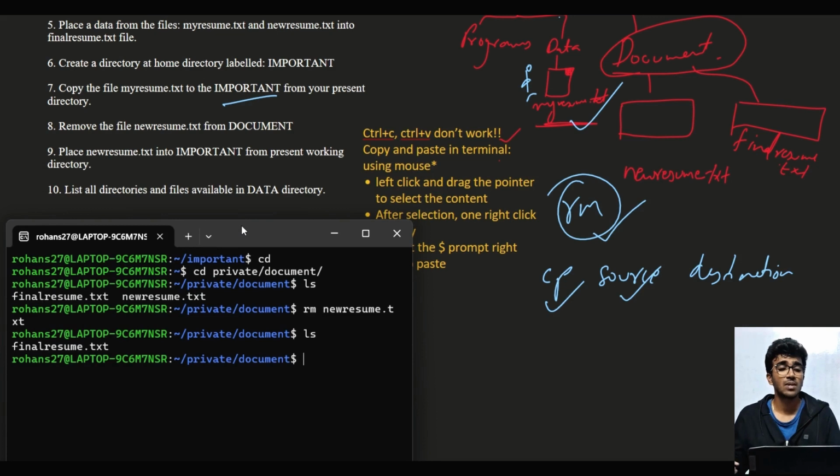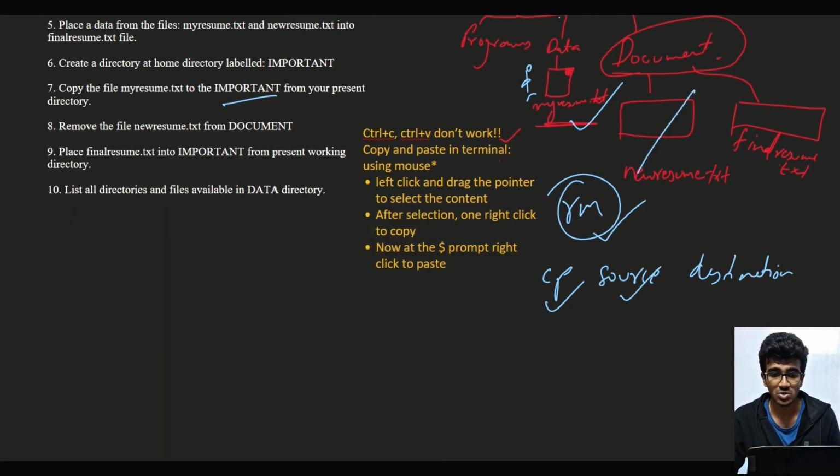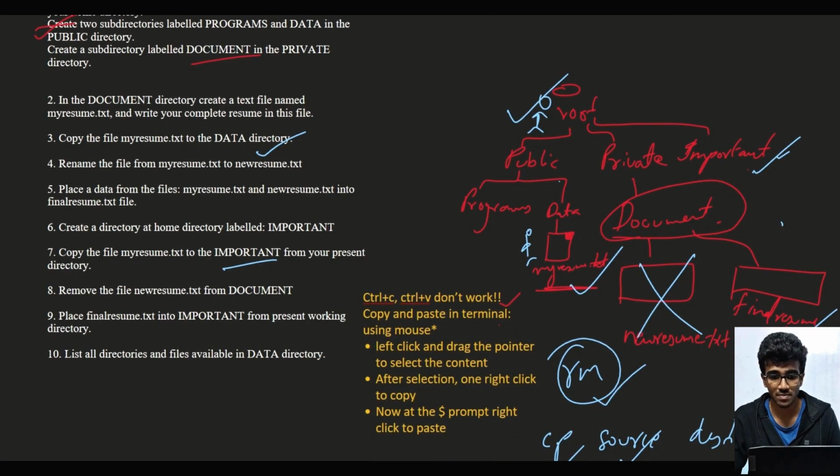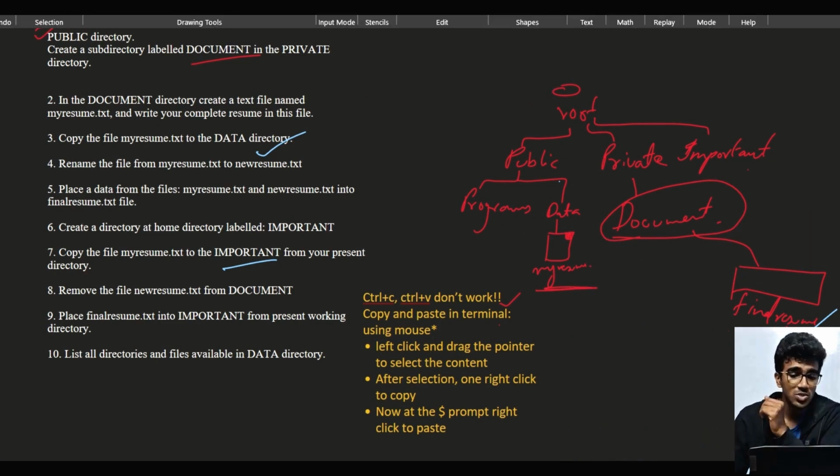In question number 9, place the resume into important from the present working directory. Just now we deleted newresume.txt. Now we have to place final resume.txt into important. Presently we are in the document directory, where there is only one file, the final resume.txt.